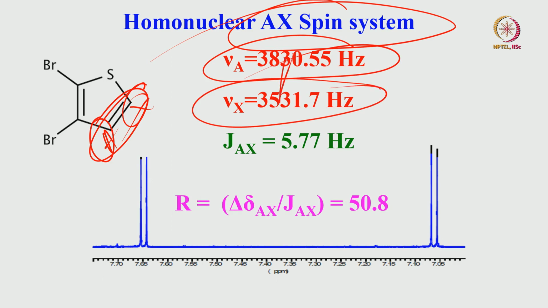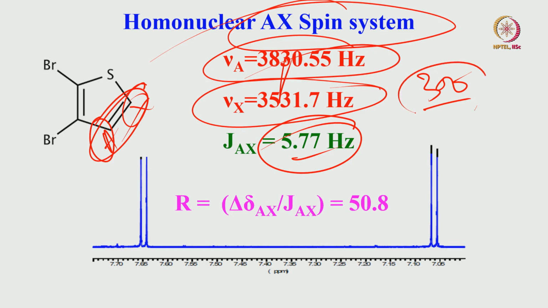The difference is almost 300 hertz, and the coupling measured is 5.77. What is the ratio? 300 by 5, the chemical shift difference over the J coupling, is almost 60. That means it is a weakly coupled spin system.